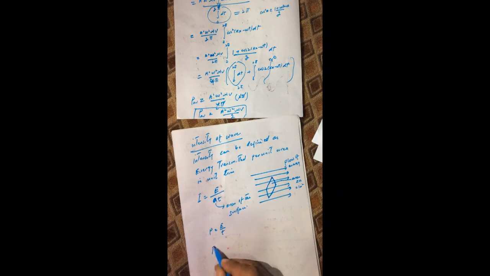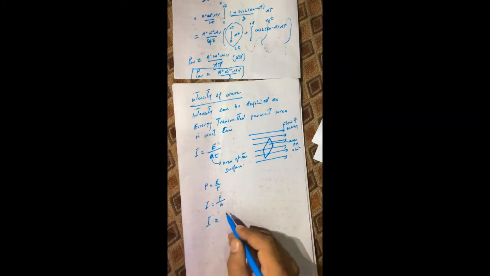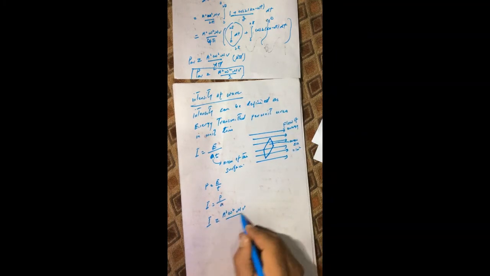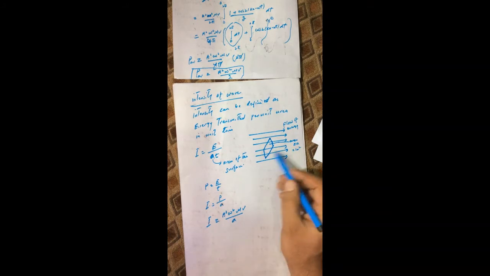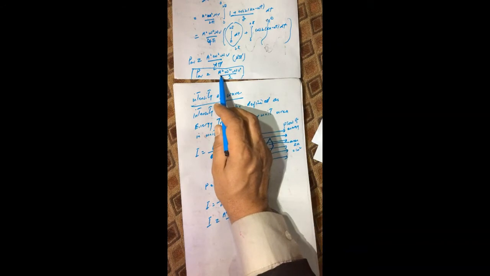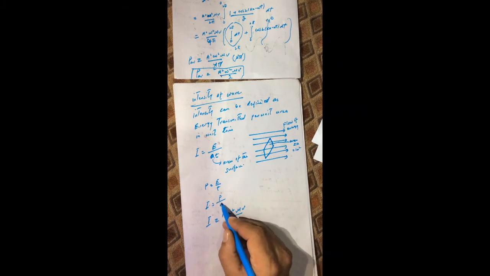So intensity can be defined as power divided by area. And we know that power is given by this relation. So intensity will be equal to A²ω²μv over 2a. I call this area small a, not capital A, because I already used the symbol A for the maximum amplitude or displacement. So for differentiation I just call this area small a.